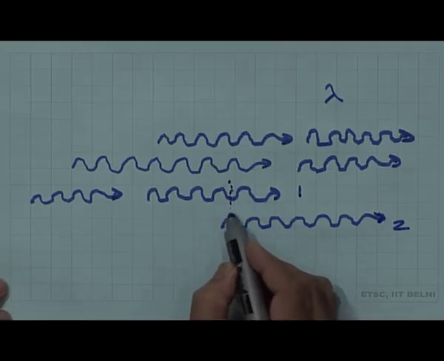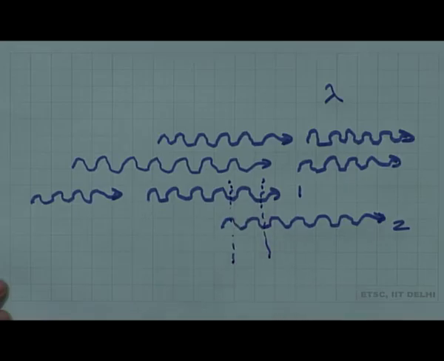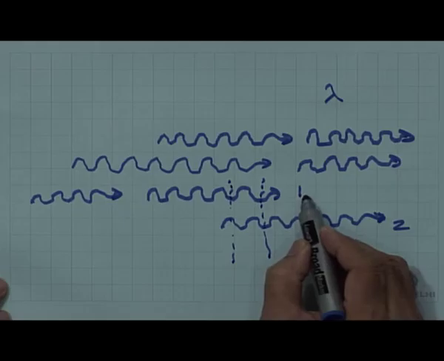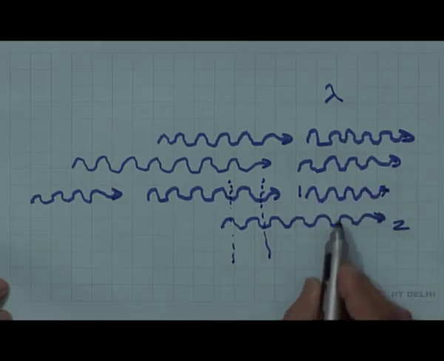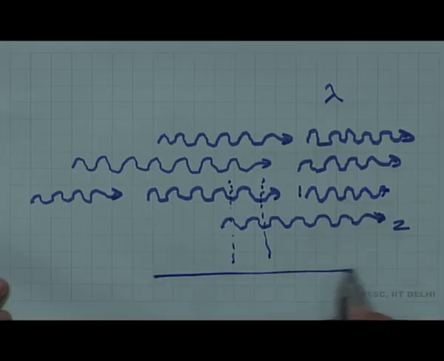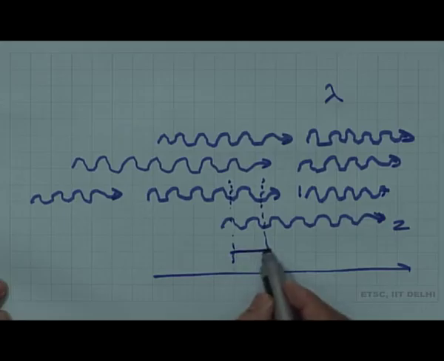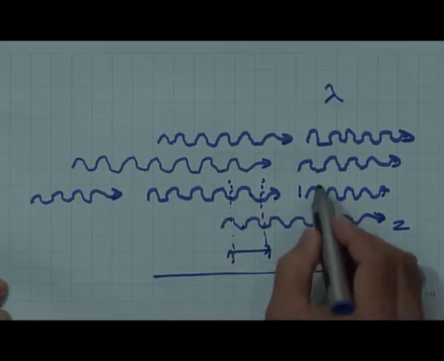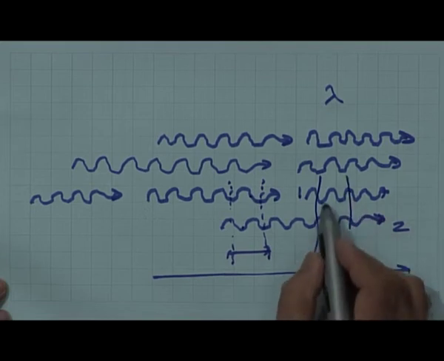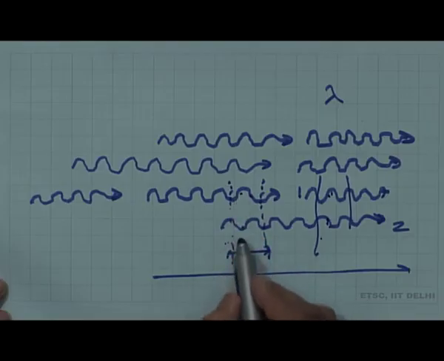Over this period, you can see that there is a constant phase difference between them, but after some time there is another wave which is here, which has no phase relation with this. So, this is the time axis. Over a certain time period there is a constant phase difference, but if I look at the time here, the phase difference between these two waves is different from the phase difference between these two waves.